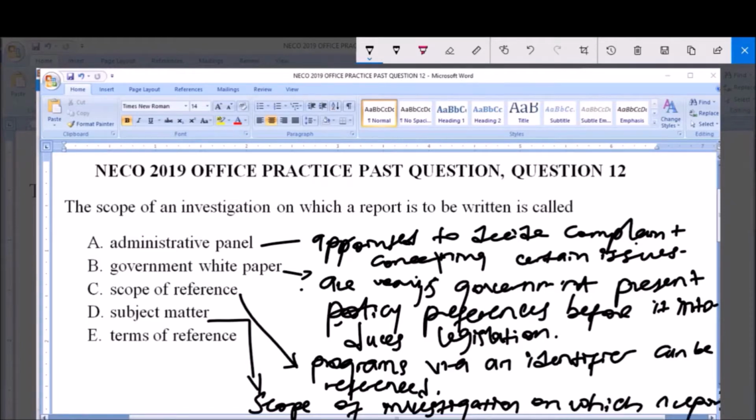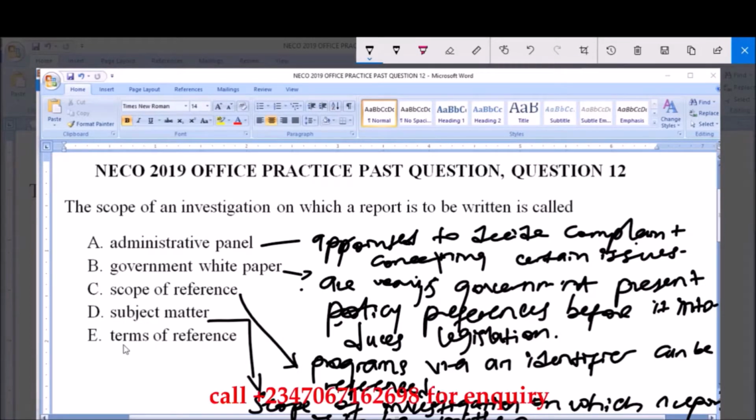In other words, subject matter is the matter presented for consideration in discussion, investigation, thoughts, or study. So when we say subject matter, it simply refers to the central matter presented for consideration in any discussion, in any investigation. Maybe an investigation is about to be made in an organization. The subject matter of that investigation is the scope of that investigation on which the report is to be written.